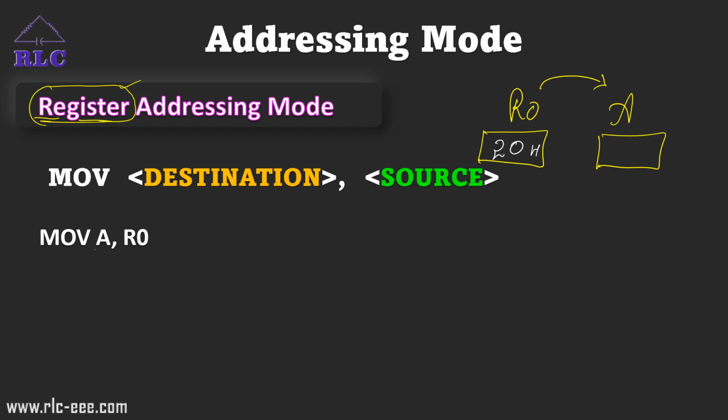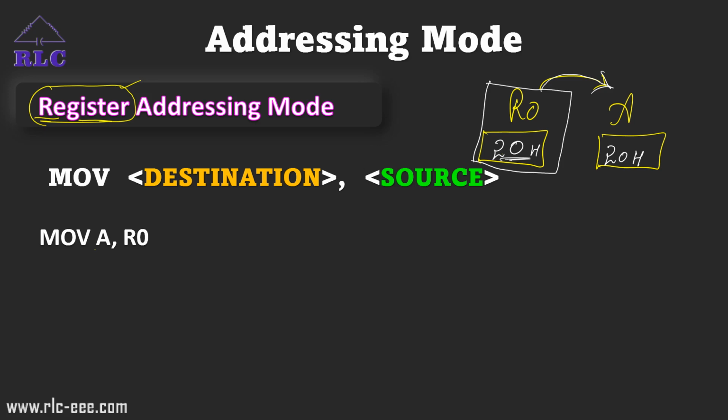After executing MOV A, R0, the accumulator will also have the value 20H, and we can observe this value will not be erased. That is, the data inside the R0 register remains as it is. It is not altered. Only a copy of this data is transferred to the destination.